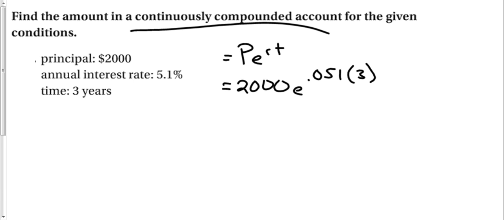Working this out on the calculator gives me that after 3 years of continuous compounding, 2,330.65. So $2,330.65 after 3 years with continuous compounding.